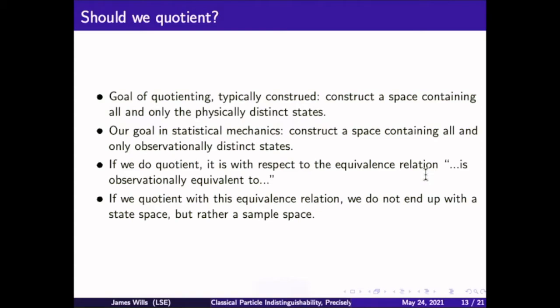So if we quotient with respect to this equivalence relation, we do not end up with a reduced state space; we end up with a sample space. I'm just singling this out: when we quotient, be aware that there are other equivalence relations available. It's not just physically equivalent to. When we're doing statistical mechanics, we should be quotienting with respect to observationally equivalent to.